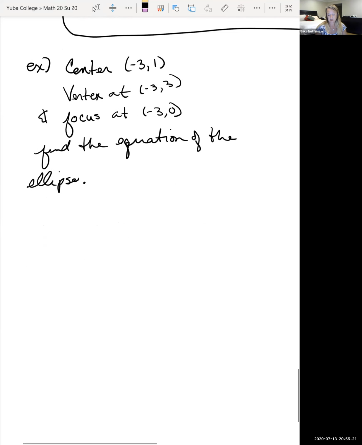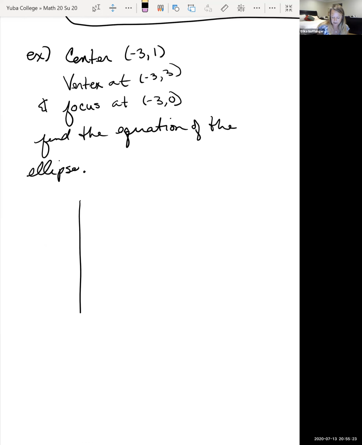Okay, so again, graphing sometimes is really helpful because that helps us get our equation. So center is -3, 1. 1, 2, 3, 1. So just put it here. So I have -3, 1. So I know what my H value is, -3. I know what my K value is.